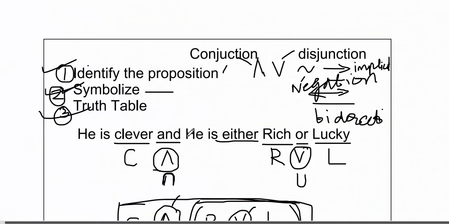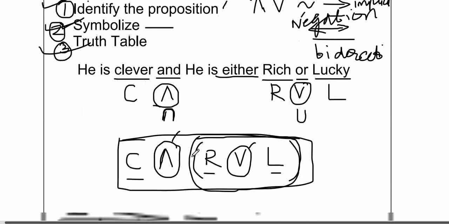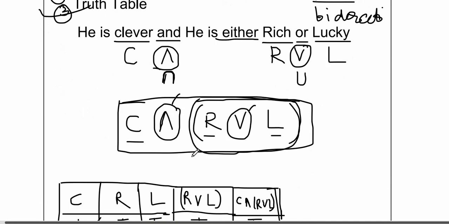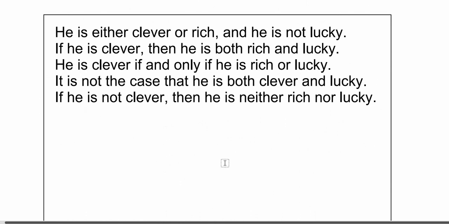Now let's take a variation of "he is clever and he is either rich or lucky" and create different combinations and permutations. This time I'll be going a little faster to save on time. I've got 5 different statements for us to solve, 1, 2, 3, 4 and 5.